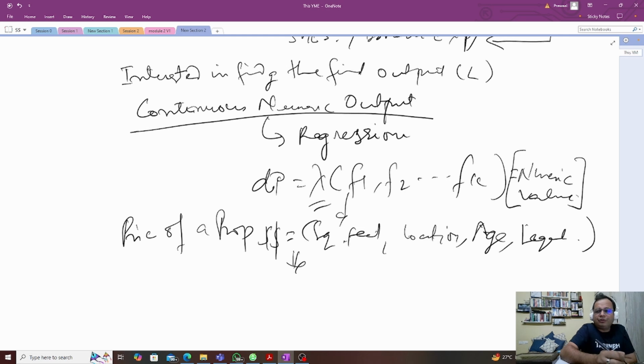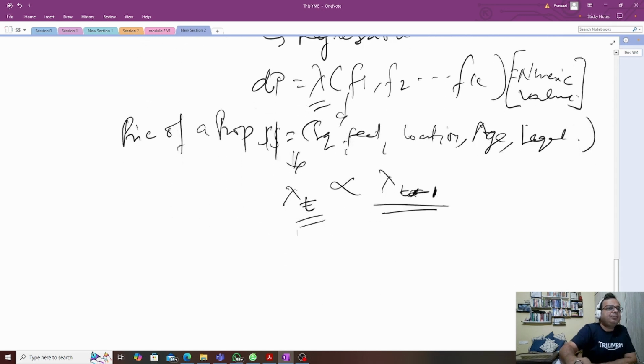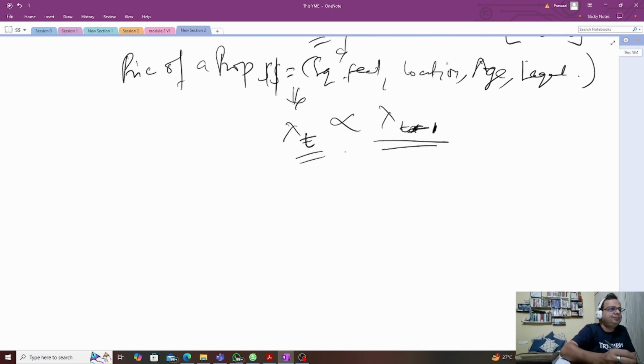So let's suppose you want to do some analysis or find the market value or index value, or the value of a particular stock day in and day out, where your time is also one of the key features, or your value at time t is dependent on, or proportional to, the value at time t minus 1, then it is kind of time series data. But net, if the label is a continuous numerical value, it's called regression.